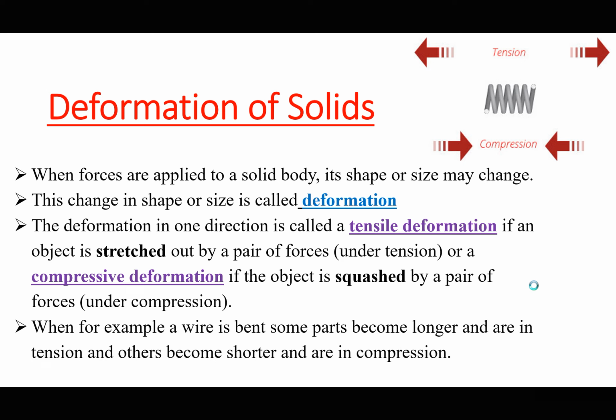So when, for example, a wire is bent, some parts become longer and are in tension, and others become shorter and are said to be under compression. If you walk on a bridge, for example, the bridge bends, because at the bottom, the parts of the bridge tend to pull apart.